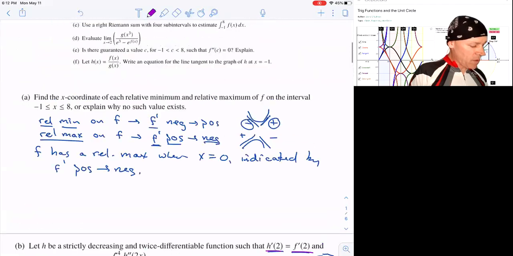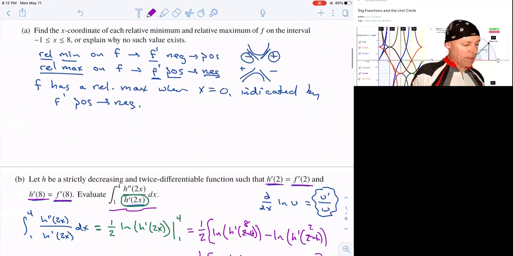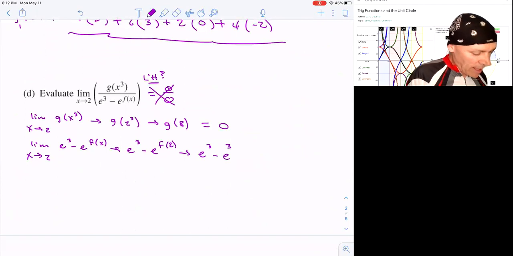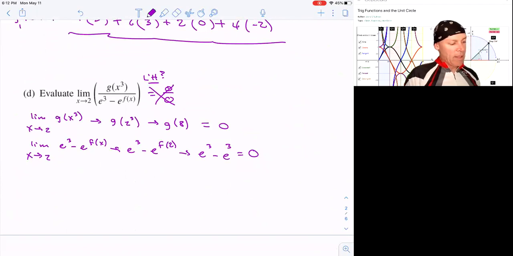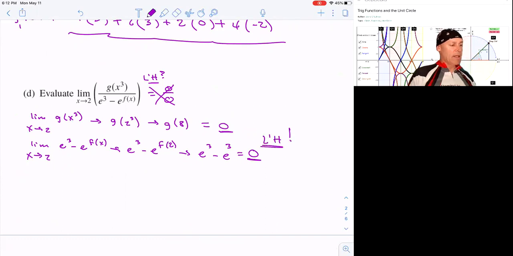F at 2, there's my f, there's 2. Sure enough, it's 3. So for the denominator I get e to the third minus e to the third, which is equal to 0. So I see 0 in the numerator, 0 in the denominator, and now L'Hopital can be used.